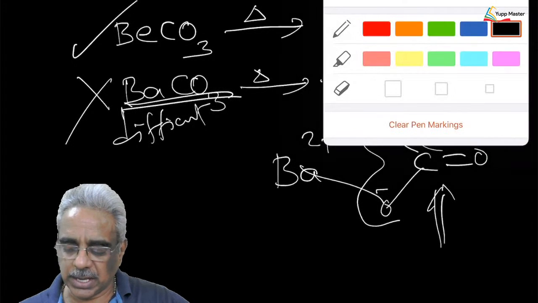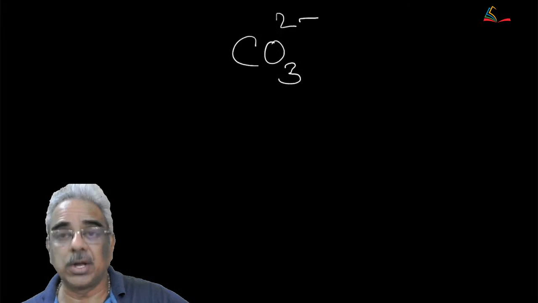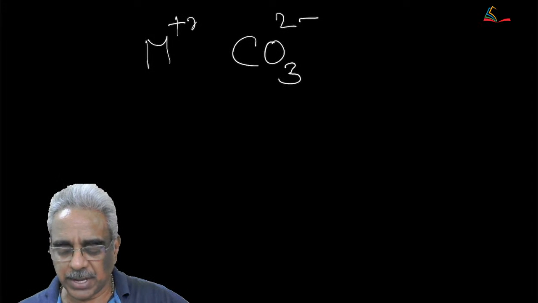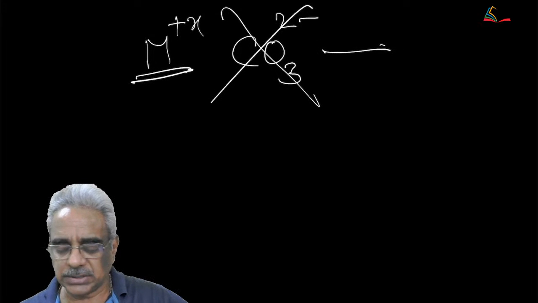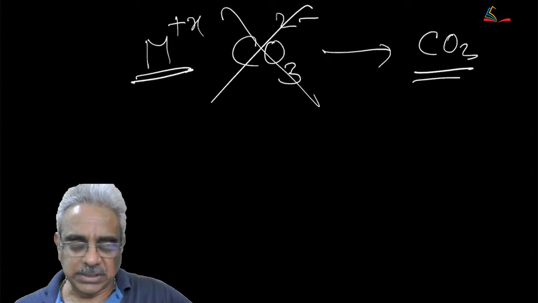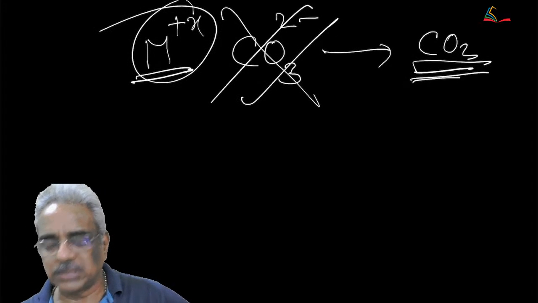So whenever an oxo ion like carbonate is surrounded by some ions like this, which are highly polarizing, this will get destabilized and will give carbon dioxide out. If this does not polarize, the carbonate will be stable, so you will not get carbon dioxide on heat.